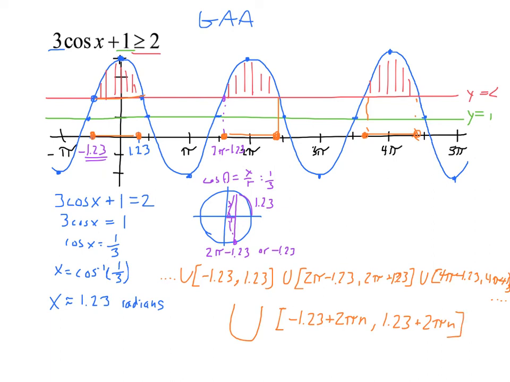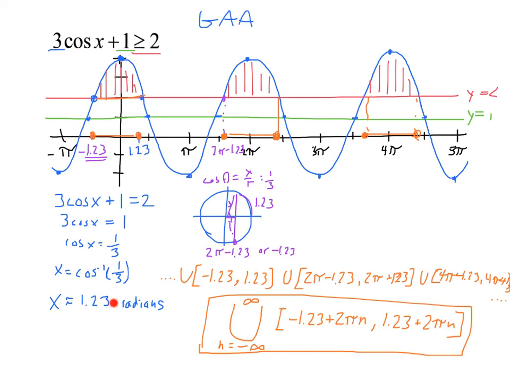Hard brackets. And we're indexing that n, it ranges from negative infinity up to positive infinity. Now this includes the one where n is 0. So if n's 0, that stuff's gone, and you just got negative 1.23 to positive 1.23.